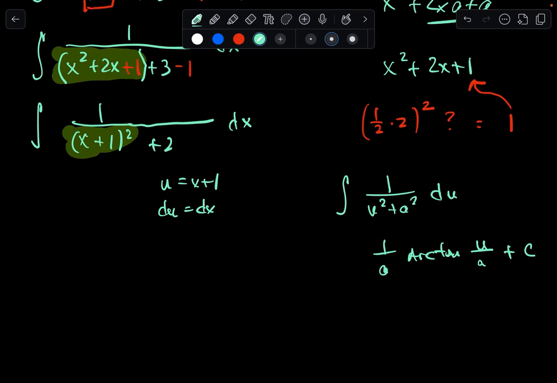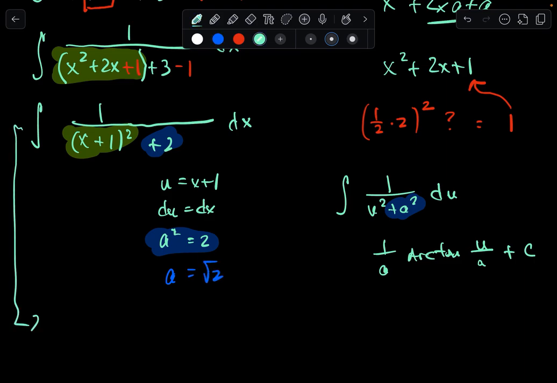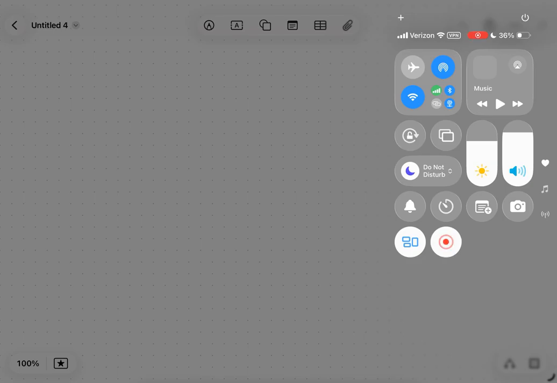But if a squared is 2, and what I mean by that is that plus 2 has to be this a squared, right? Okay, so if that's the case, then that means a is the square root of 2.